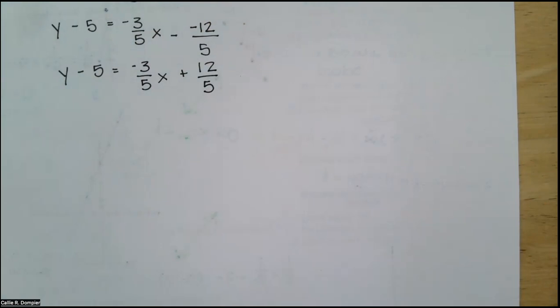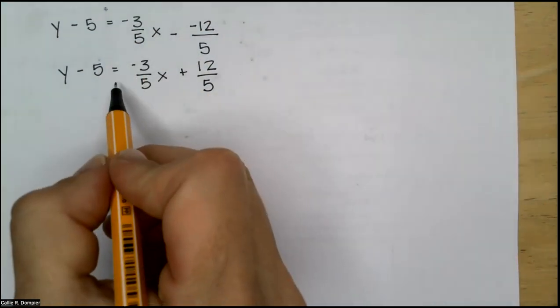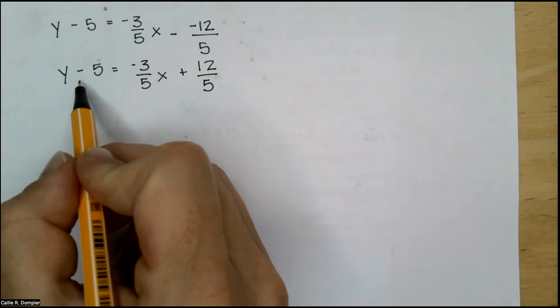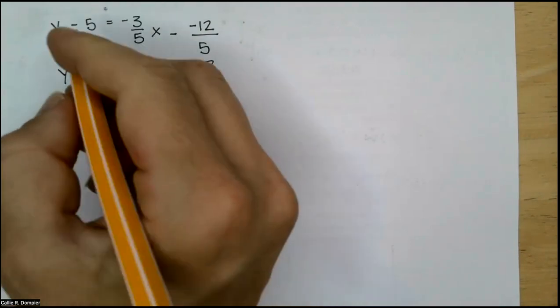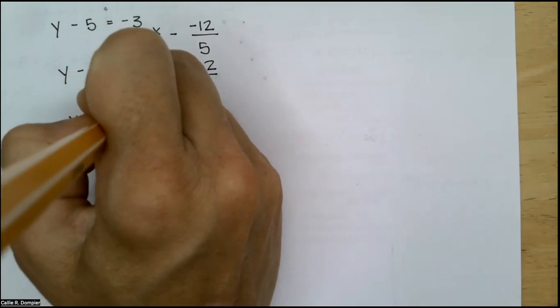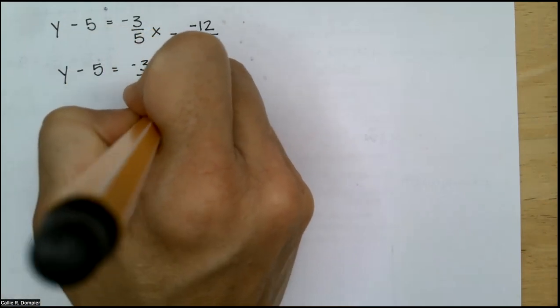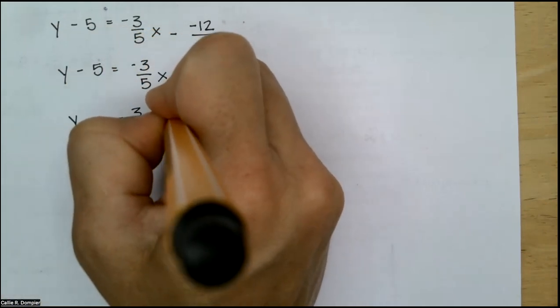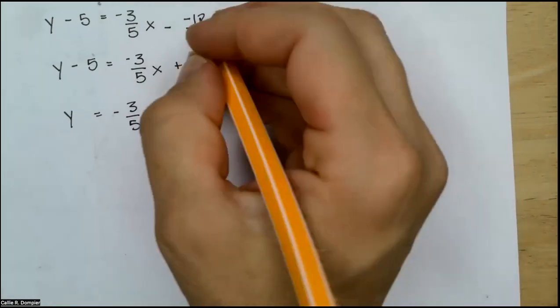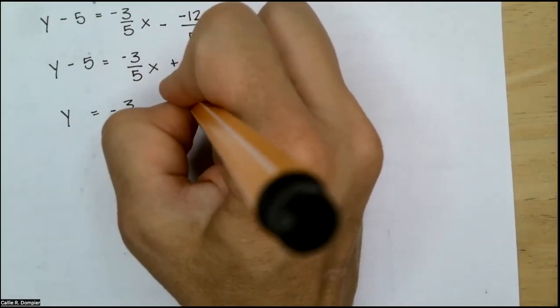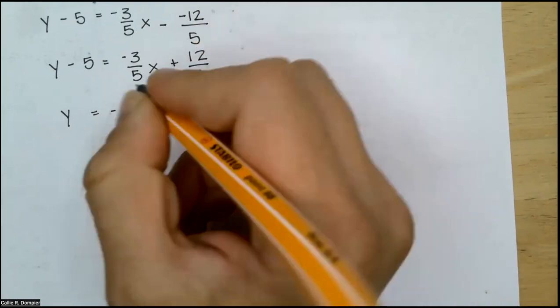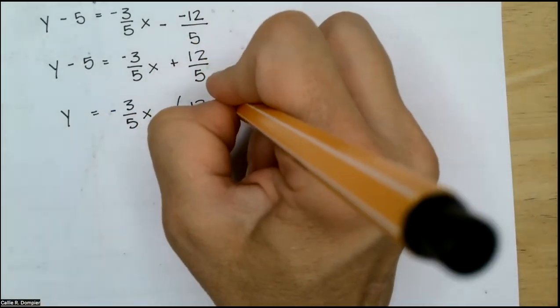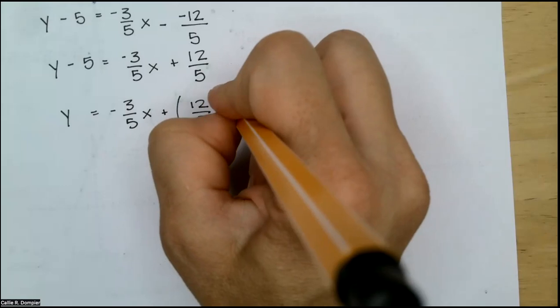Okay? Now I need to add 5 to both sides. Y equals negative 3/5 x plus 12/5 and 5, right?